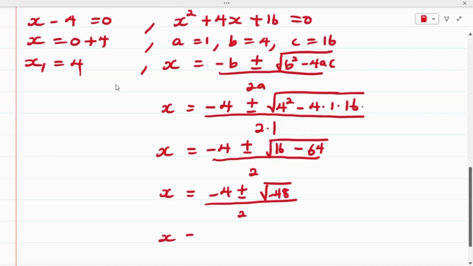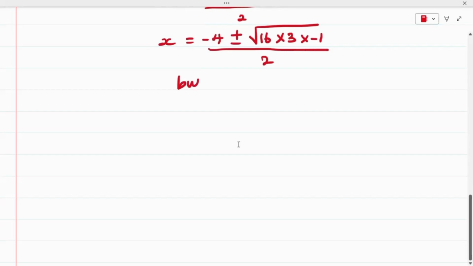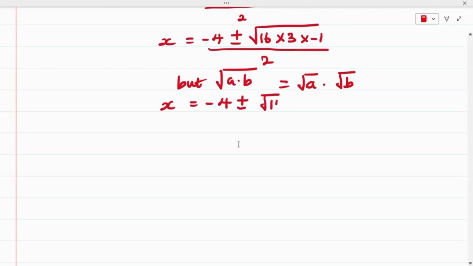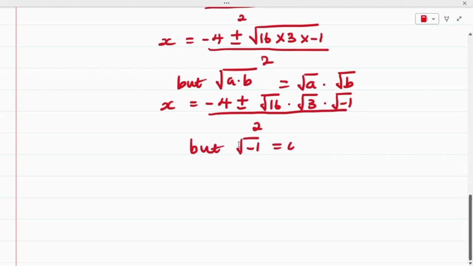So x equals minus 4 plus or minus the square root of 48, which can be expressed as 16 multiplied by 3 multiplied by negative 1, divided by 2. But we note that the square root of a multiplied by b is equal to the square root of a multiplied by the square root of b. So x equals minus 4 plus or minus the square root of 16 multiplied by the square root of 3 multiplied by the square root of negative 1, divided by 2. The square root of negative 1 is i.